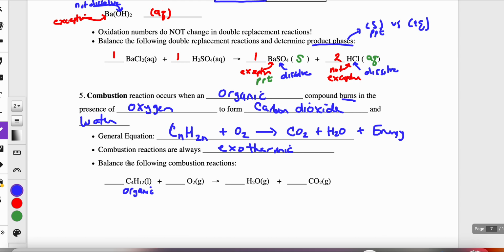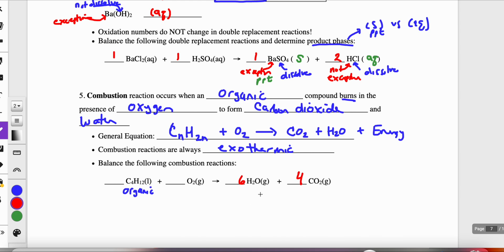Go ahead and balance it. I have 4 carbons and only 1 here, so I could probably put a 4 here. Now my carbon count is the same. I have 12 oxygens on the left, but only 2 on the right. So to raise that by 12, I'll put in a 6. But now I have to think about my oxygen count.